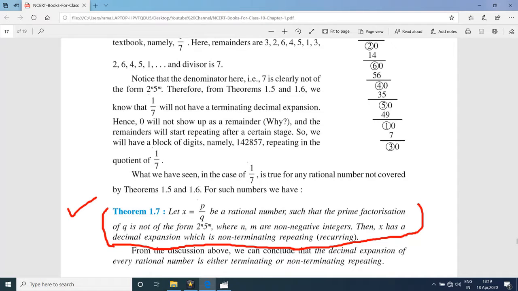What does theorem 1.7 say? If x is a rational number and the denominator is not of the form 2 raised to n into 5 raised to m, then the decimal expansion is non-terminating but recurring.